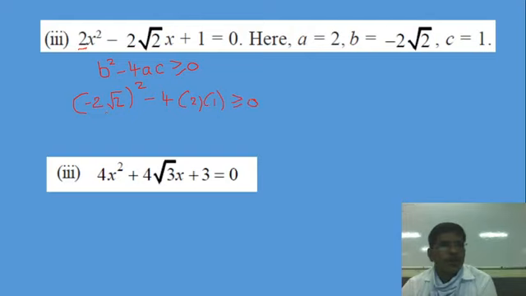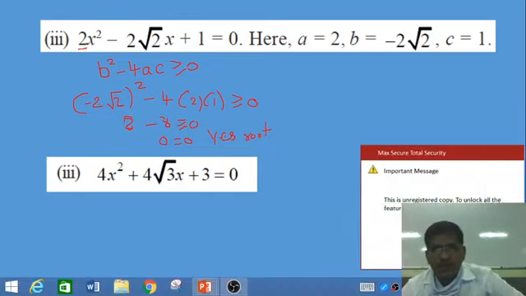So 2 square is 4, 4 twos are 8, 8 minus 8, 0. So 0 is equal to 0. So we can say yes, it has root. Now it has root, then we have to write the formula.